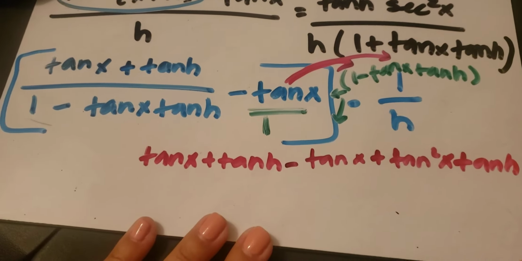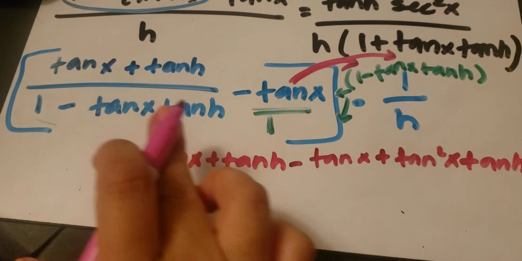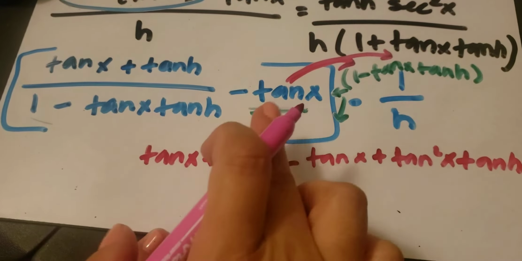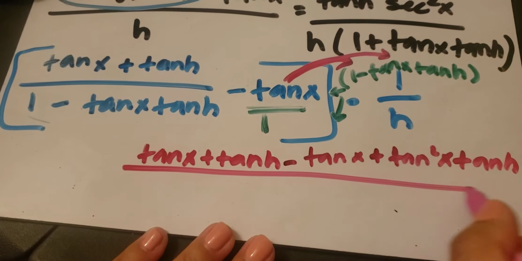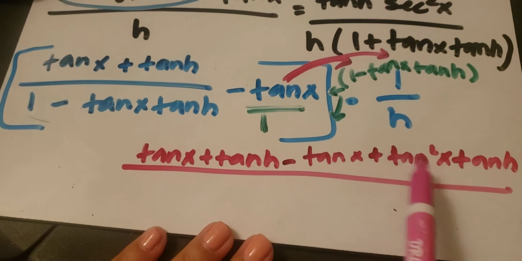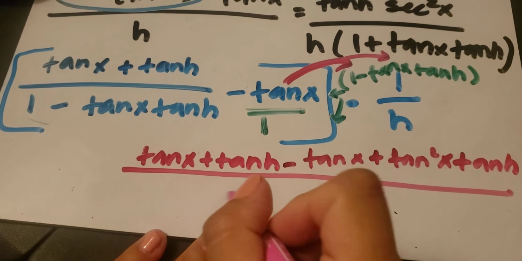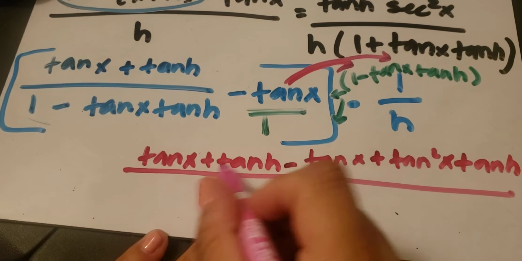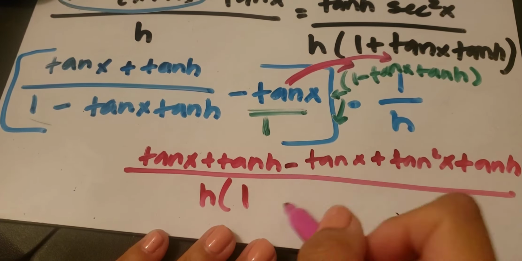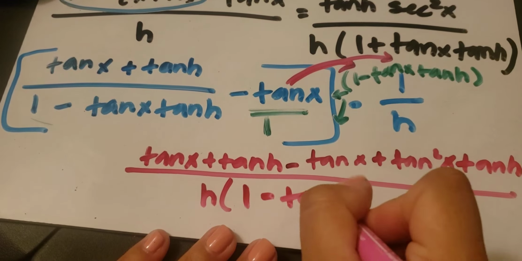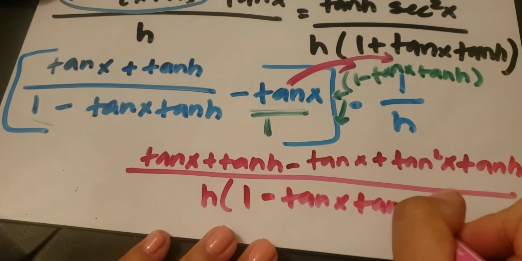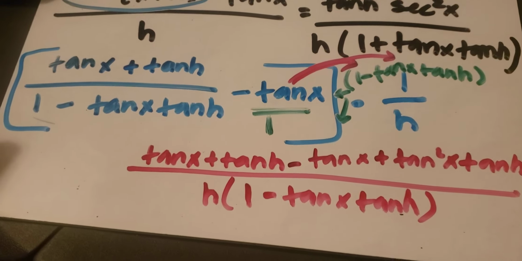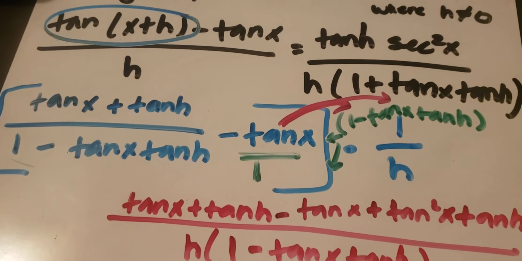It's really long. That's the entire numerator, this part from this fraction and this part here. We multiplied by 1, so it didn't make a difference. All over h, and since we have the same denominator, I'll write it all under one fraction: 1 minus tangent of x times tangent of h. Again, you already know what it's supposed to look like, so you can always reference that.